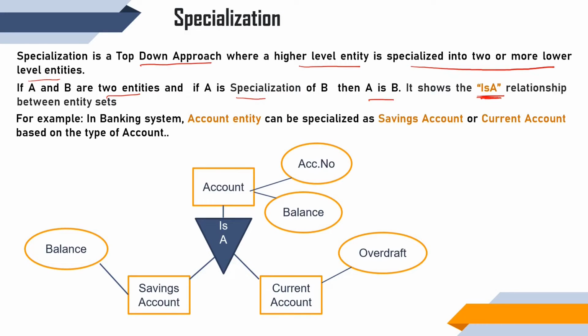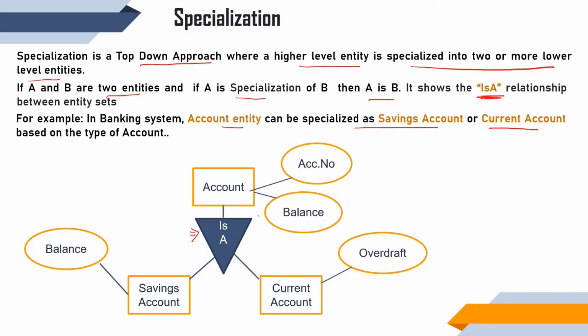Now, since specialization is a top-down approach, in the following example in a banking system, I have shown this same ISA relationship in a top-down triangular manner. Understand? In a banking system, the account entity can be specialized as savings account or current account.